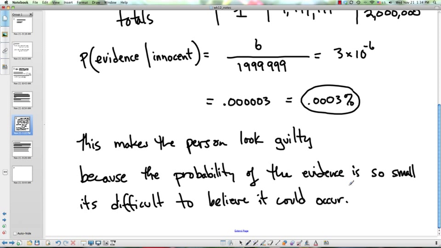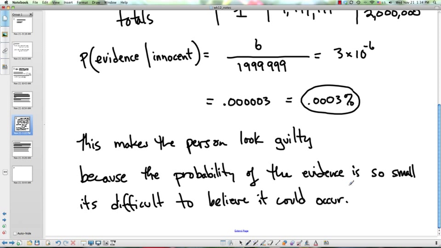So this would be something that the prosecutor would use. They would say, if you are innocent, you say that you're innocent. Suppose that you were. Well, if you were innocent, the chances of you matching the evidence is so small that it's just very unlikely that it would happen. It's difficult to believe that you would match the evidence. And yet here you do match the evidence.